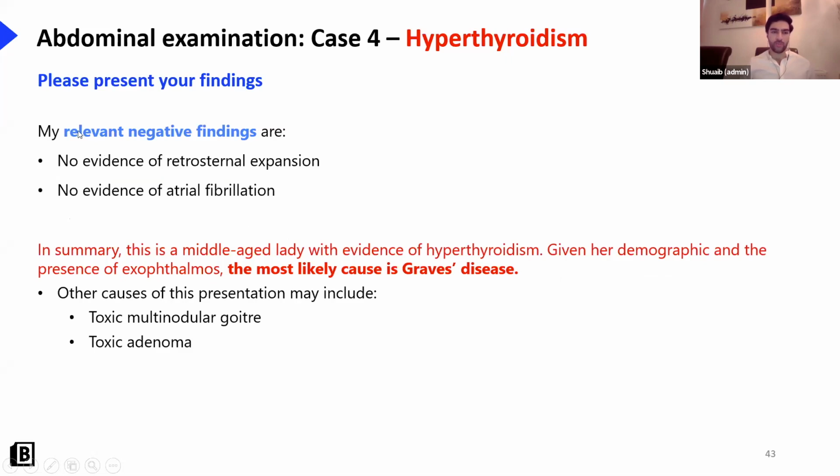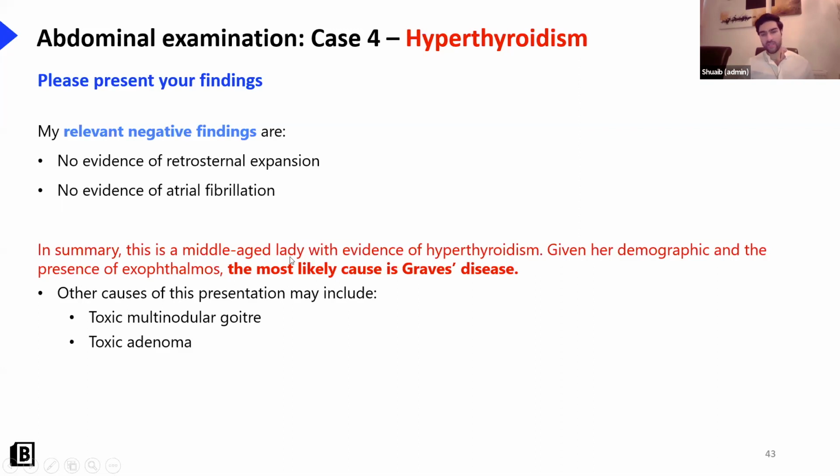So pretty much every thyroid patient that you see in an OSCE will have no evidence of retrosternal expansion. That means the thyroid extending downwards behind the sternum, because that's a massive thyroid mass, and it's unlikely that you'd get that in your OSCE. So you can just memorize this line that there's no evidence of retrosternal expansion. And this patient had a regular pulse, so you can say there's no evidence of atrial fibrillation.